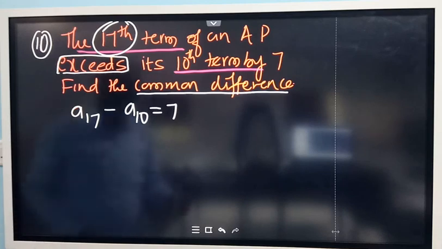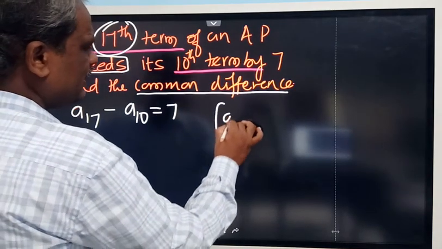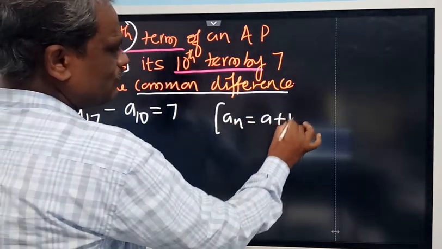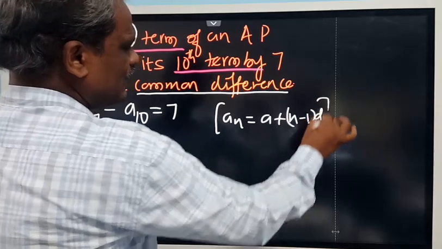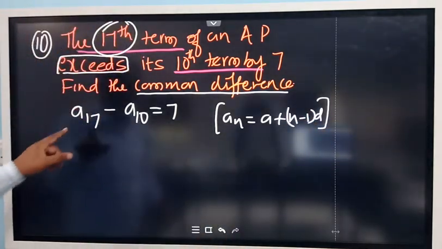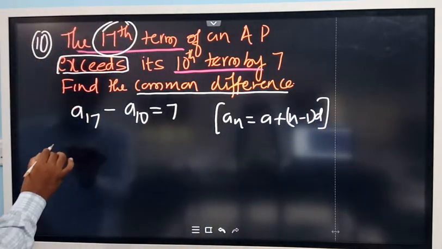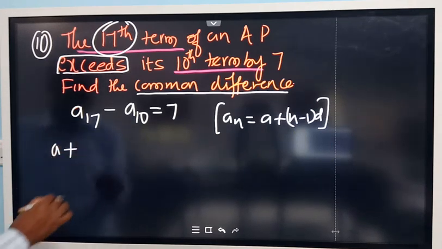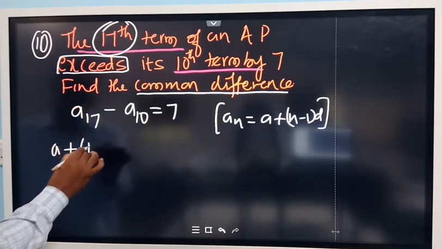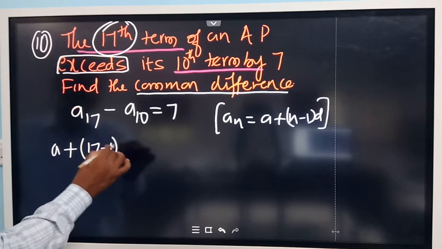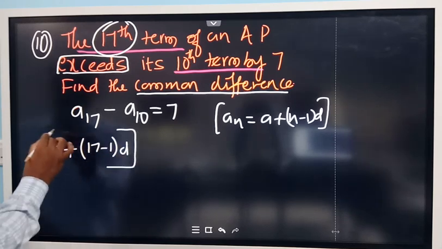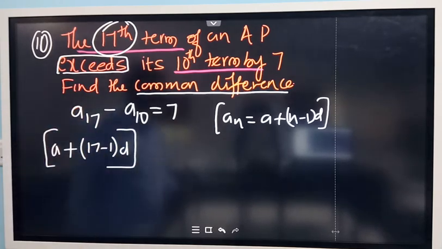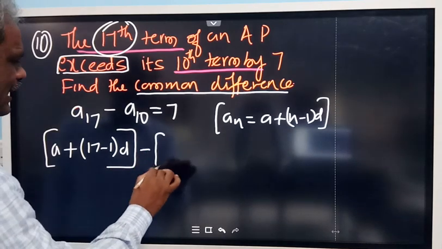Now you have the nth term formula, an is equal to a plus n minus 1 into d. Directly let us substitute here. A plus, a value we do not know, let us write as it is, a plus n minus 1, n value is 17, 17 minus 1 into d, also we do not know. This is the value of the 17th term minus a10.